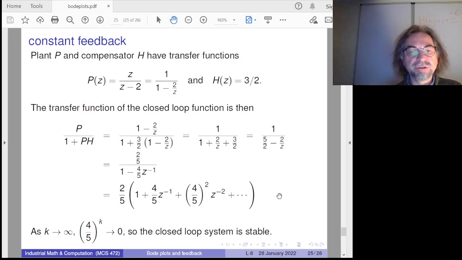The output is now 2/5 multiplied by a power of 4/5. But the 4/5 goes to 0, so our output will die out, becoming smaller and smaller as we progress in time. So the resulting closed loop is stable, stabilized by a constant feedback.